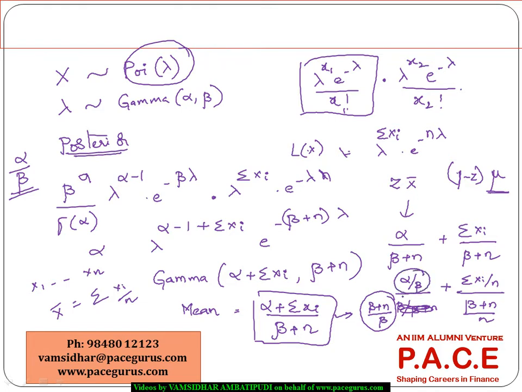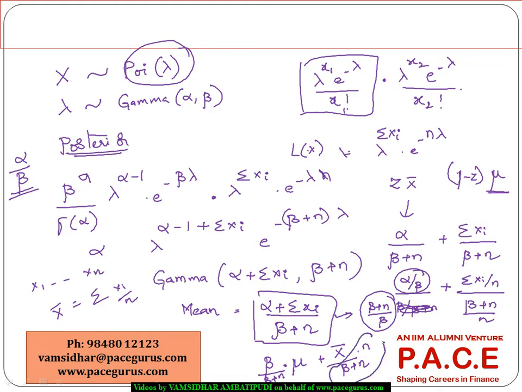This is nothing but mu times beta by beta plus n, whereas sigma xi by n is nothing but x bar, times n by beta plus n.